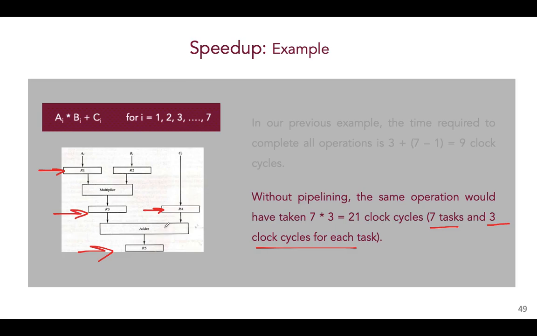So 3 clock cycles for one task. One task means one value of i, and you multiply that by the total number of values of i, which gives 21. So you can see 9 versus 21, and this is the speedup that pipelining provides when compared to non-pipeline systems. So this is simple enough.